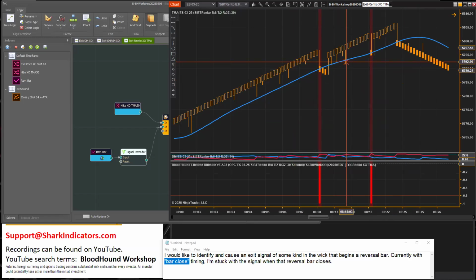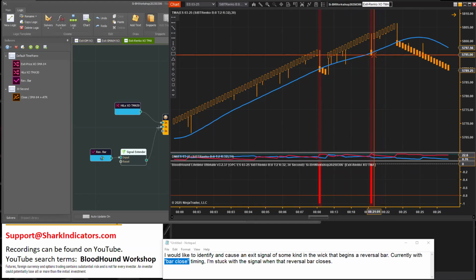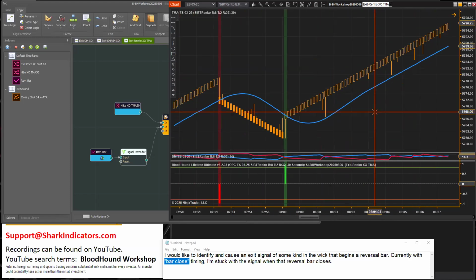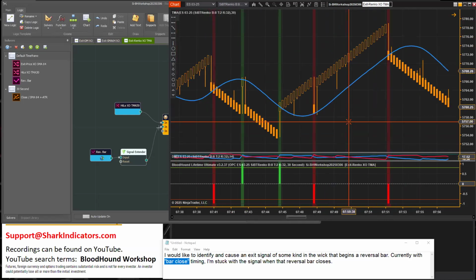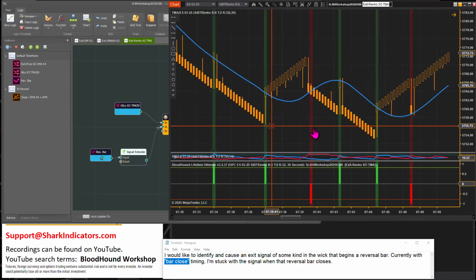So that one was prevented, right? That exit was blocked there. Same here. That one was blocked. Yeah, there you go. There's another one that was blocked.